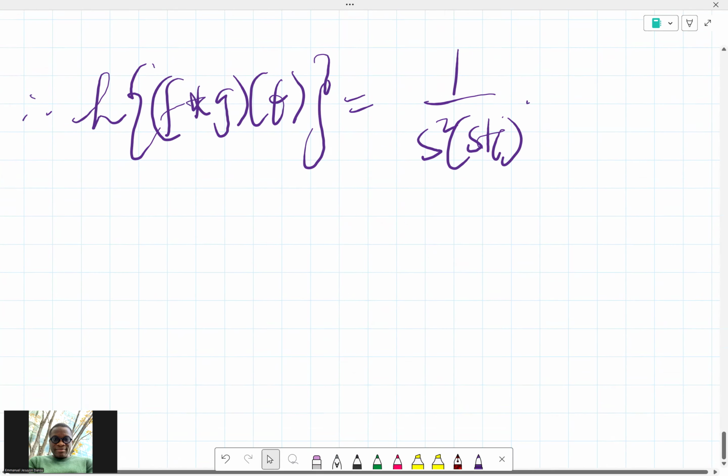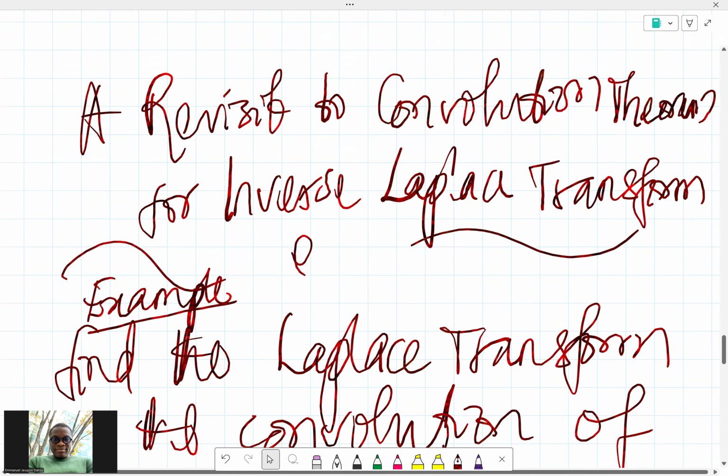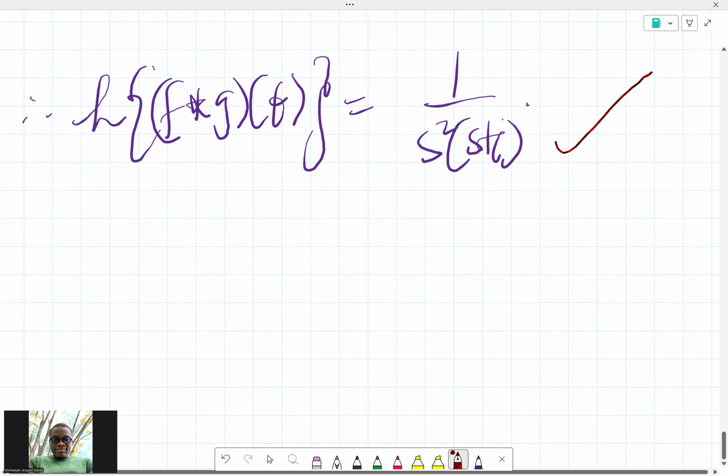Now we need to find the inverse Laplace of this particular expression, because it says then find the inverse. We've taken the first step. This is what we really need for the Laplace transform, so we don't need to go further if all we are looking for is the Laplace transform.